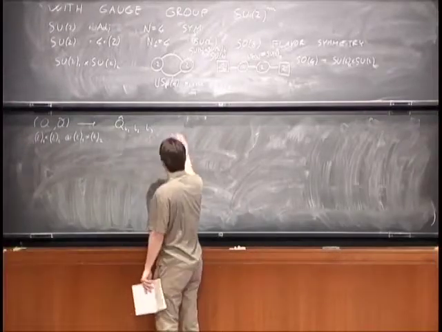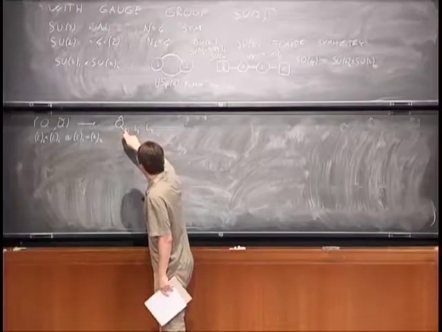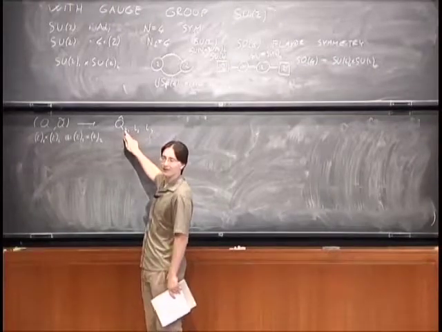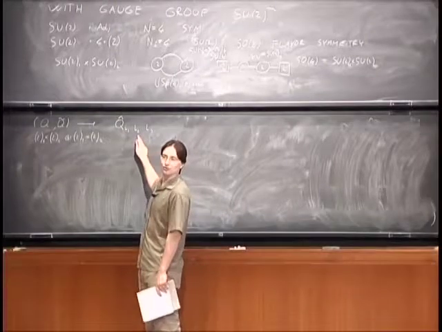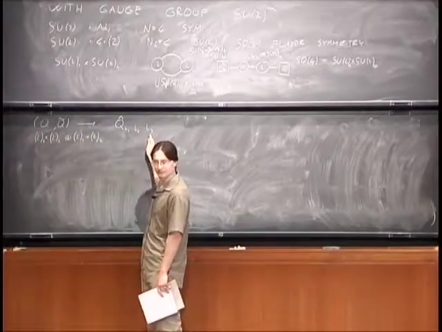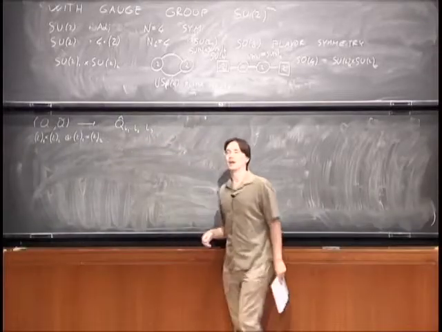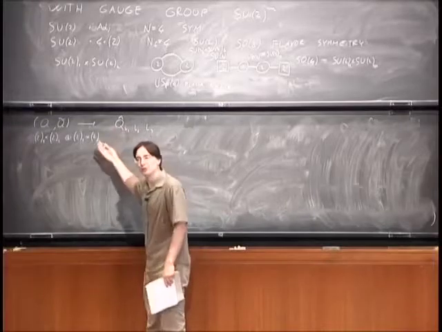So I can very easily write down a classical Lagrangian where this is gauged by gauge group SU(2)_1, this is gauged by gauge group SU(2)_2, and this is gauged by gauge group SU(2)_3. Now, you might worry because these are sort of half hypermultiplets.